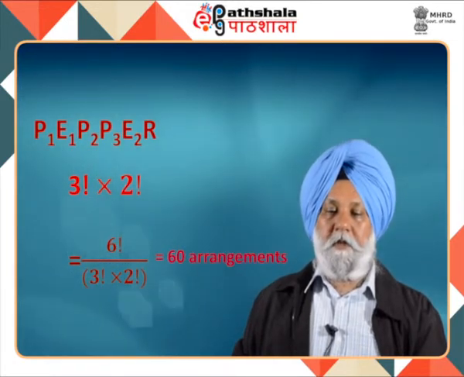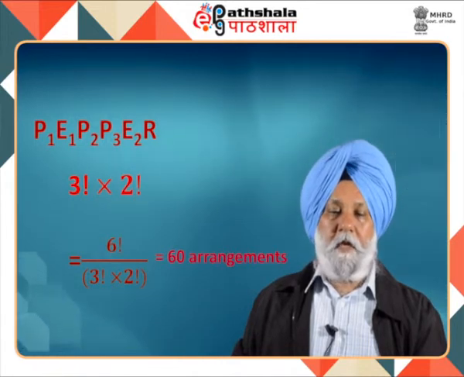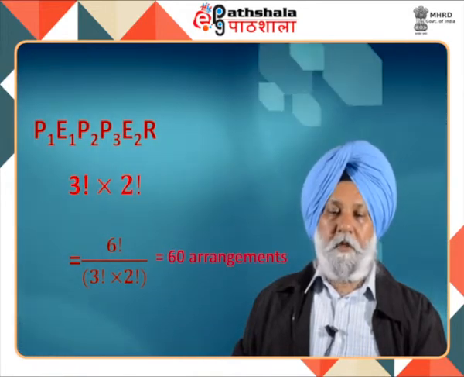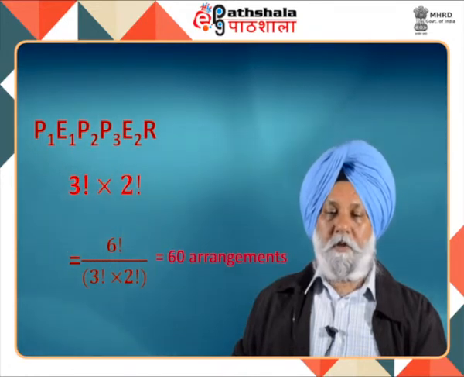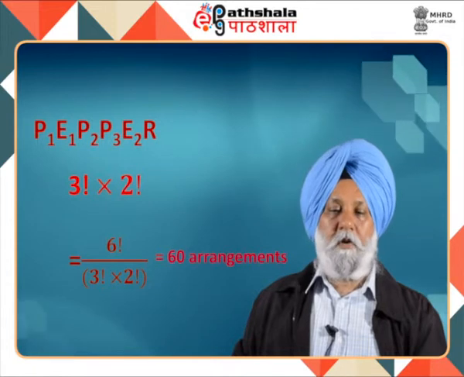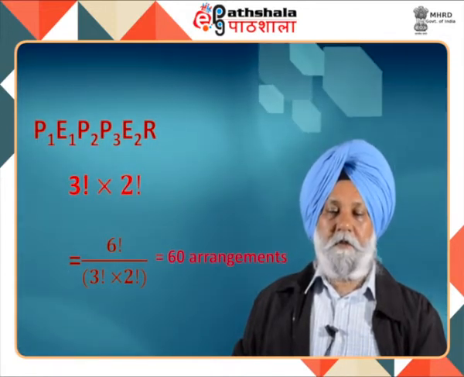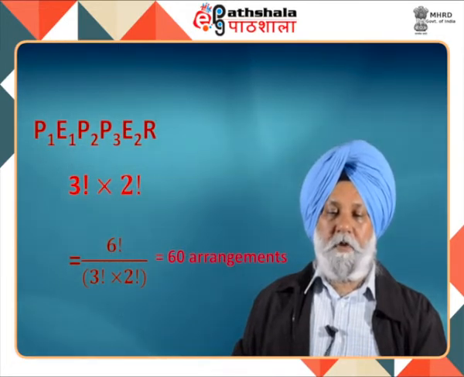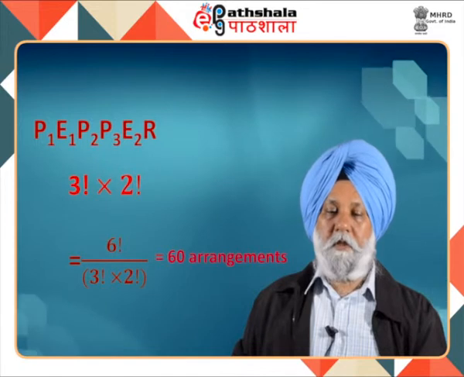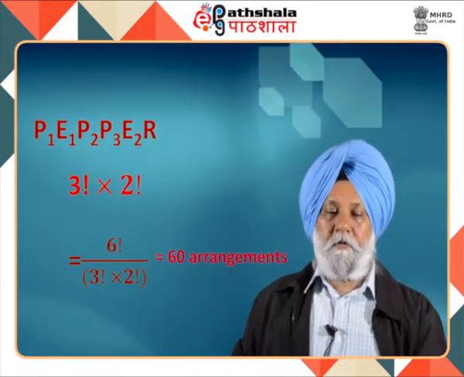These three P's can permute in 3 factorial ways and the E's can permute in 2 factorial ways. That is, all 3 factorial into 2 factorial permutations are of the form pepper. Hence, there are 6 factorial divided by 3 factorial multiplied by 2 factorial, which is equal to 60 arrangements possible of the word pepper.